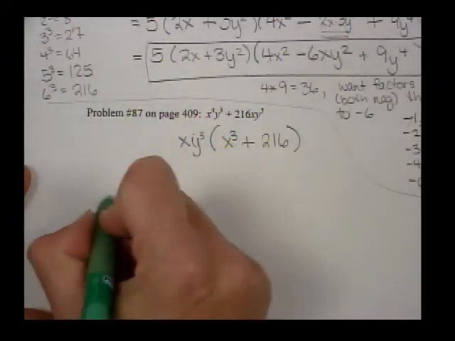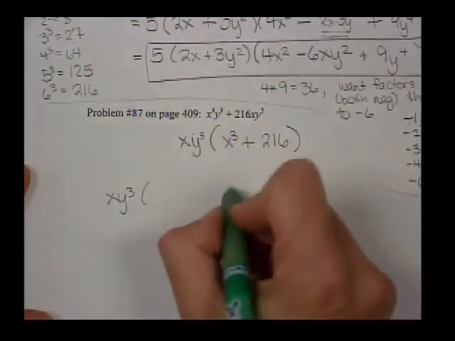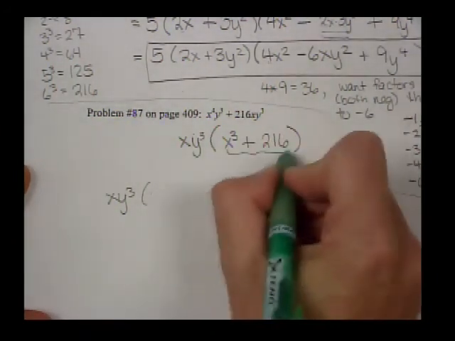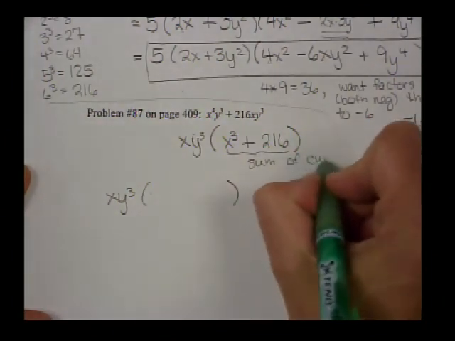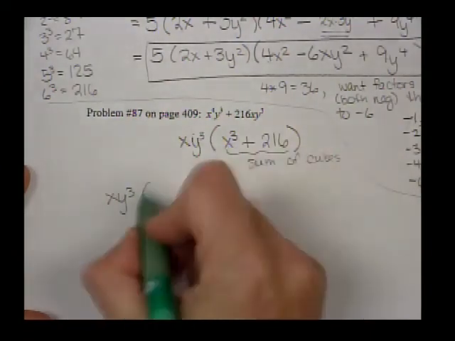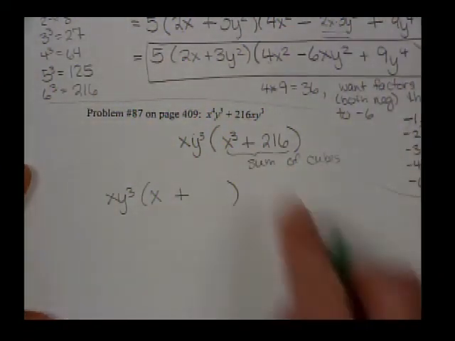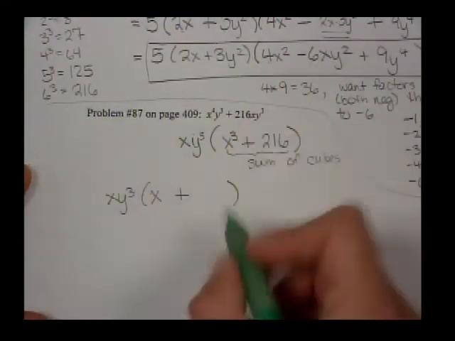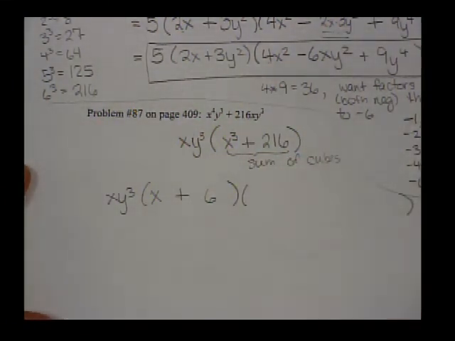So let's see. xy cubed times, okay, since this now we know is the sum of cubes, we can use that formula. So it's just going to start with x. The original sign was plus, so this has a plus. And then it was 6 cubed that gave us 216. And now we have to fill in the second set of parentheses.